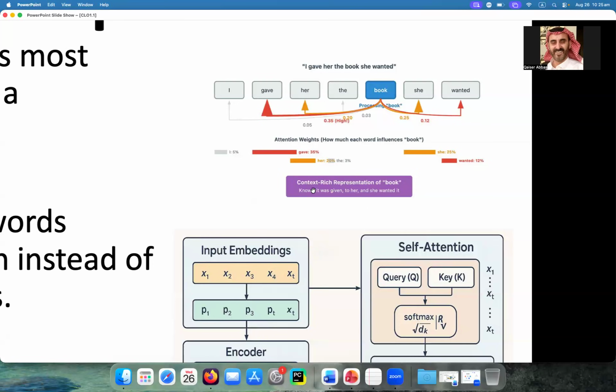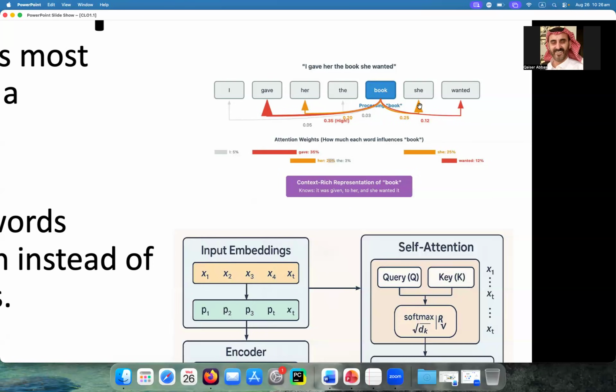So this context-rich representation gives us the information that this book is given. If you have this vector with these probability values, then we know that this book is given. And given to what? For example, here 35, and then what is next? 25.